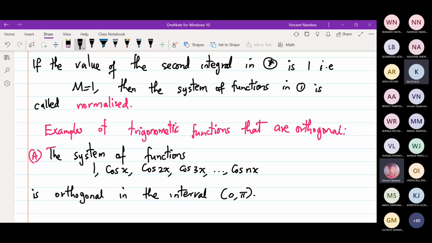That means that if you take any two arbitrary functions in this given set, if they are different, you multiply them and integrate from 0 to pi, you get 0. If it's the same function, then we should get a number M.